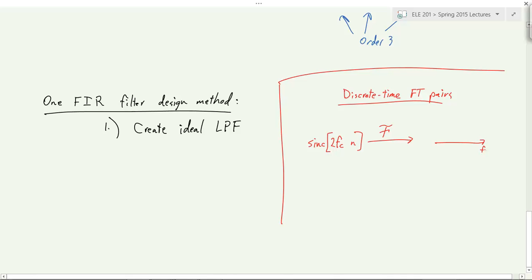Because remember, in discrete time, you only really go up to a half in frequency. Then it's periodic after that. So we would actually get the ideal low-pass filter from that sinc. Nothing changes going to discrete time, except that it's actually periodic.